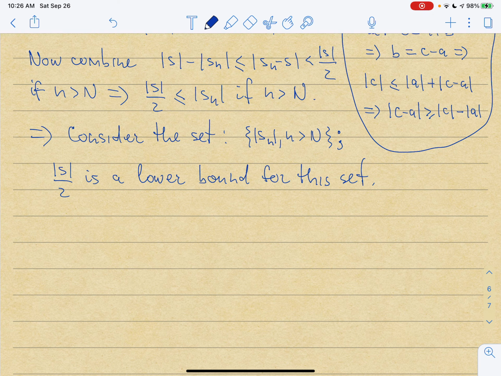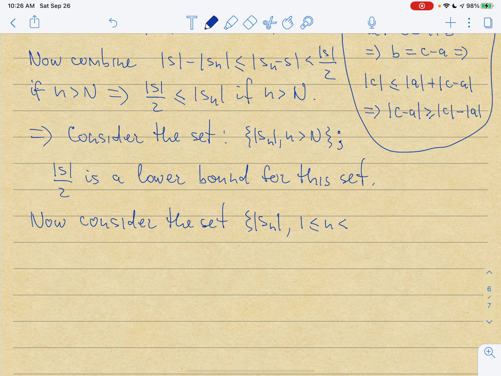All right, and so now I'm going to consider another set: absolute value of Sn, n greater or equal than 1, less or equal than capital N. This set is finite.